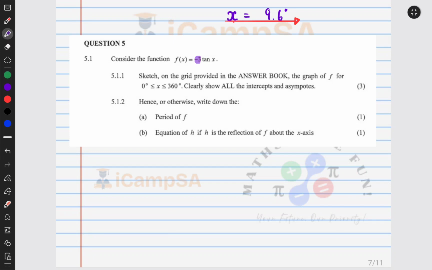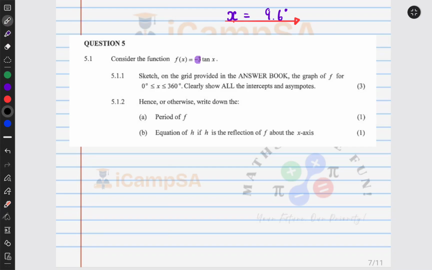And also the absolute value of that 3 gives us the vertical stretch, which is the factor of 3. I almost said the amplitude, but the amplitude of the tan function is always infinite. It doesn't have an amplitude. If this was the sine function, I was going to say that the coefficient of negative 3 gives us the amplitude, which will be absolute 3. But here we don't have those.